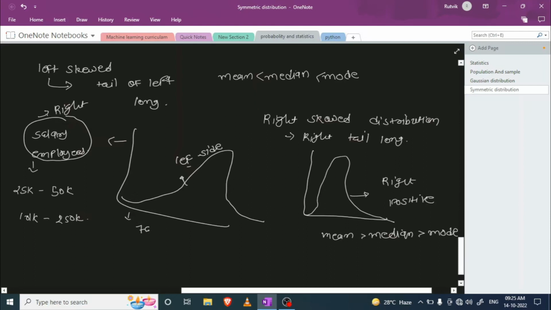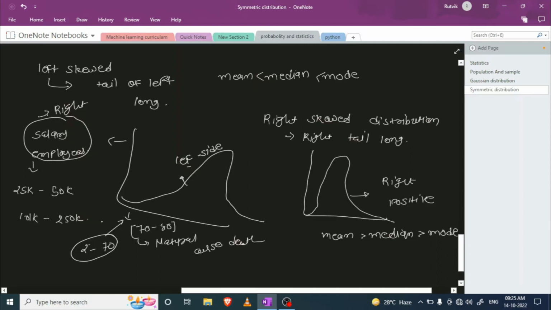Most of the deaths occur when the age is between 70 to 80. Most of the people die by natural causes, and there are very few people who die between 2 years and 70 years. So if we plot our graph, it is going to be a left skew distribution, right?